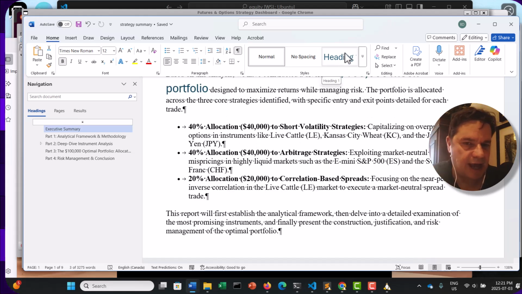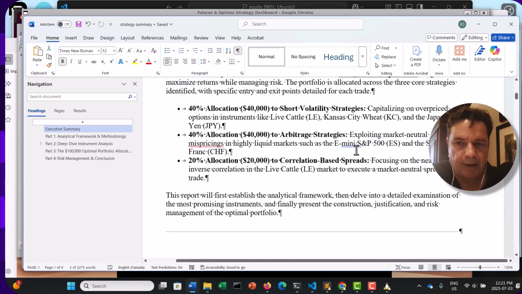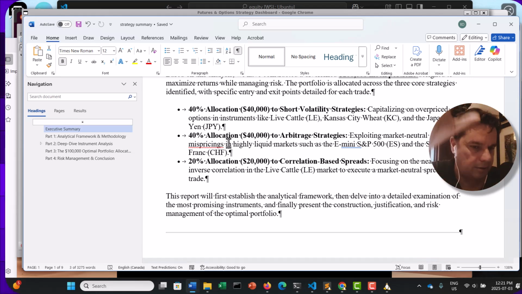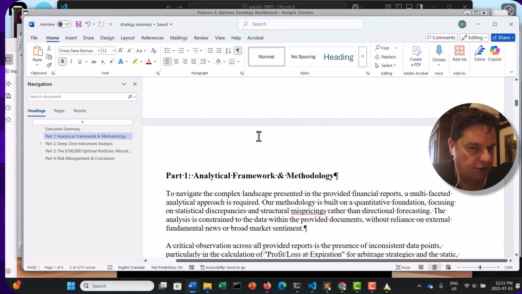So instead of allocating 40% to, let's say, live cattle or 20% to CHF, I could say no. From the results I'm seeing, turn all of them off, and then allocate all that capital 100% to the ES trading, because that's how you maximize your profit.